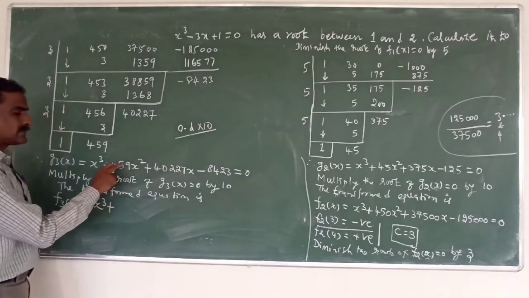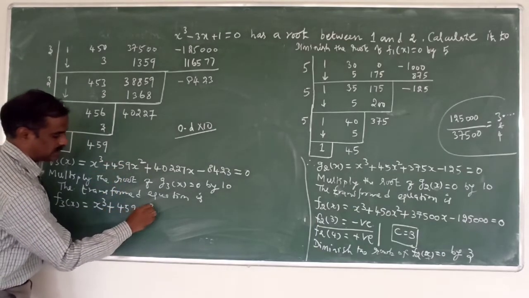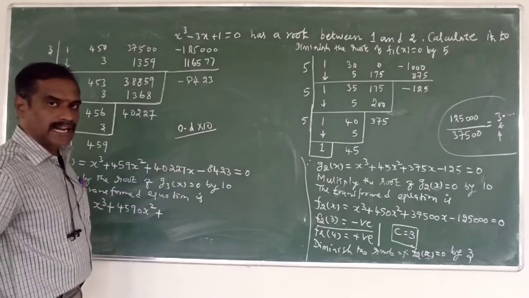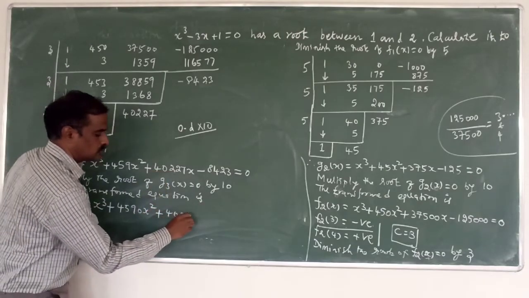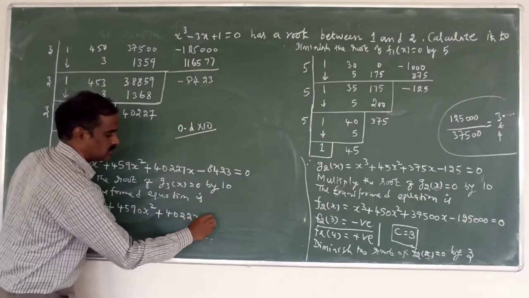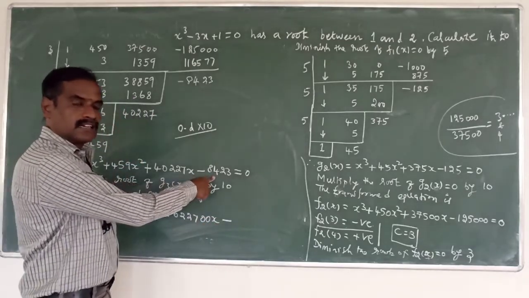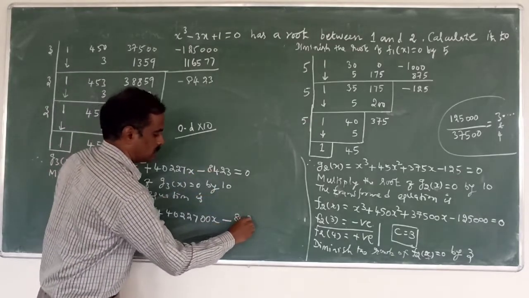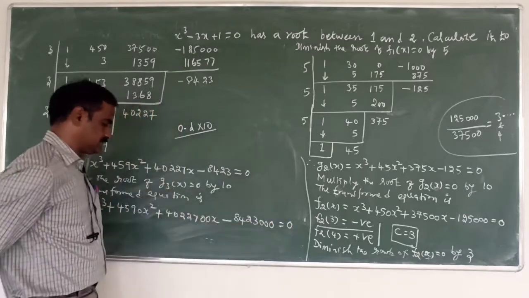Now 10 multiply with this one. 4590 x square plus 10 power 2. 10 power 2 means 100. 100 multiply with this one. 4022700 x minus 10 power 3 means 1000. 1000 multiply with this one. 8423000 equal to 0.